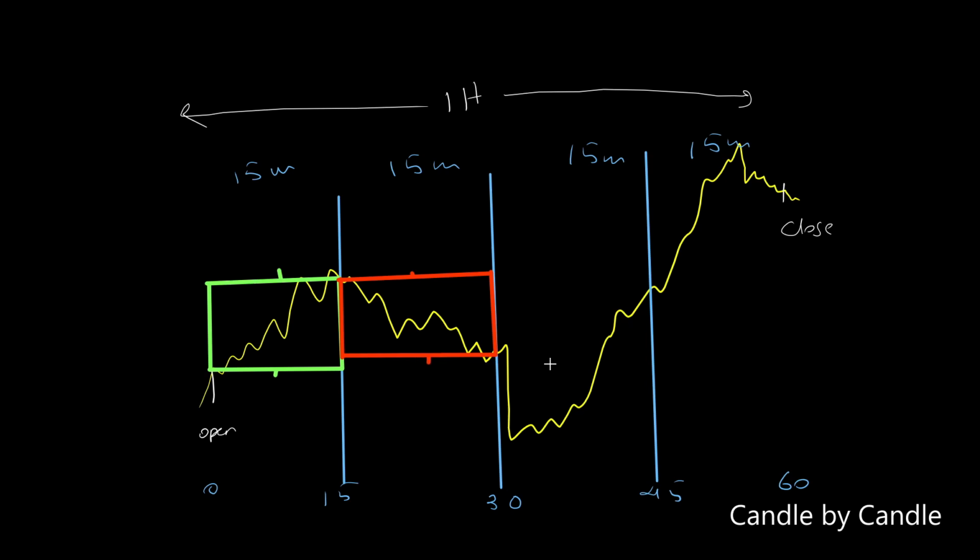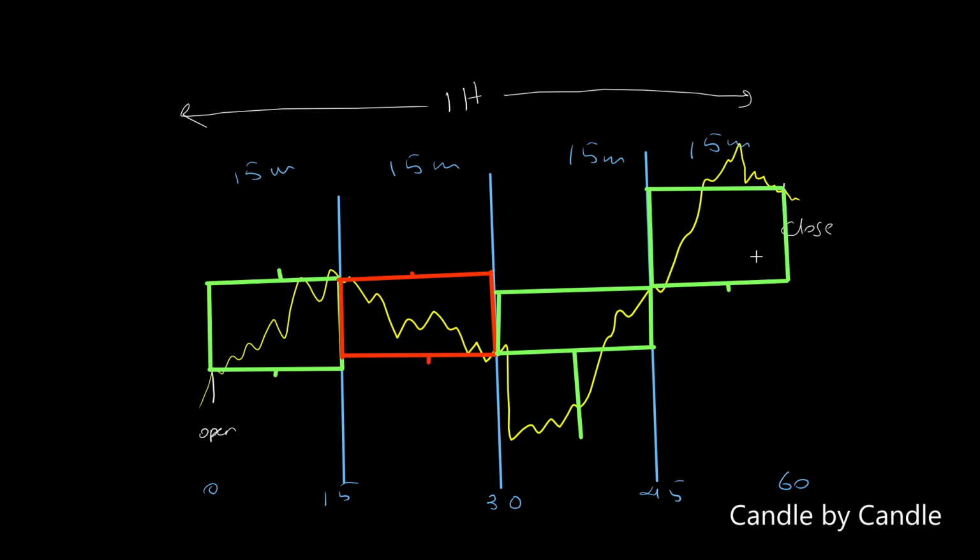The next one, the price started here and it ended here within the 15 minutes, and the lowest price is here and the highest price is where it ended. And the next one is also another green candle, started here, closed here, and the lowest point is here and the highest point is here.